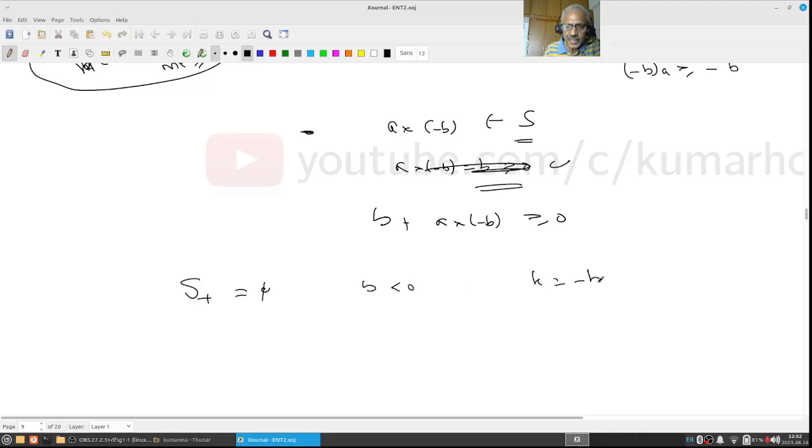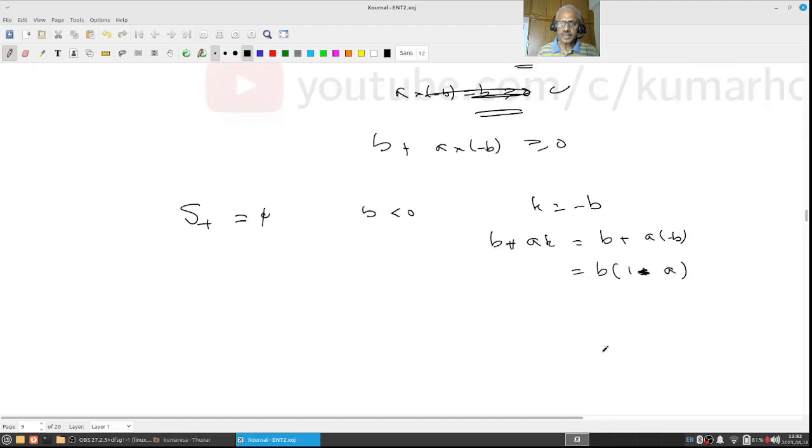Take k equal to minus b, then b plus a k is b plus a times minus b. Sorry, let me just make sure I am writing it correctly. Therefore, if we take b out, that is b times 1 minus a.